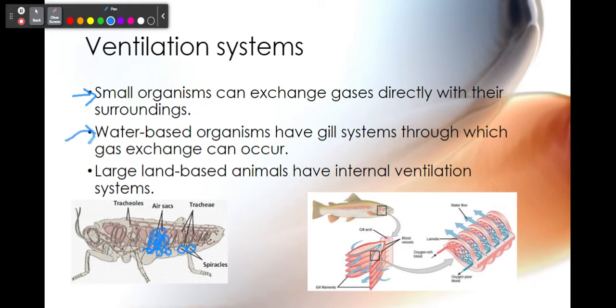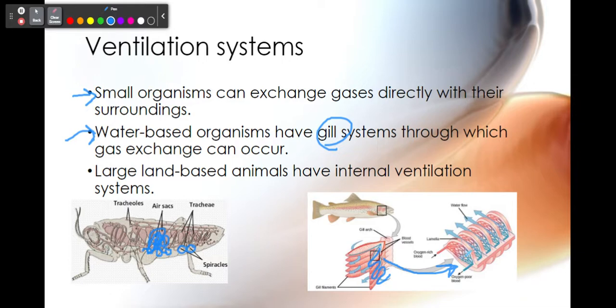Our water-based organisms like fish have gills, and blood is going to flow through the gills. The blood's going to have a higher carbon dioxide concentration. That higher carbon dioxide concentration leads to a high concentration gradient, higher to lower. Oh, I just totally drew a picture, an arrow from gills to more gills.